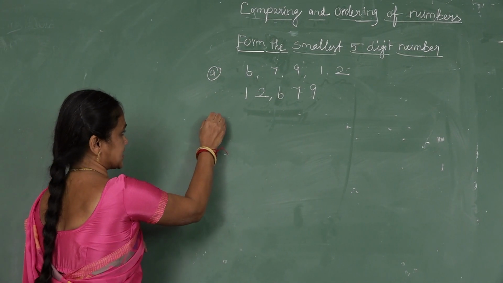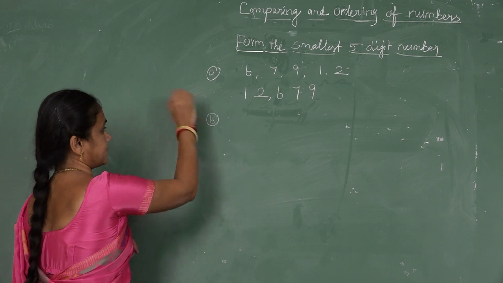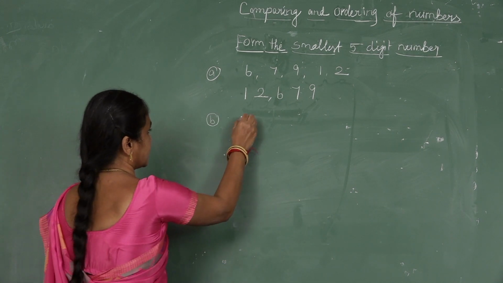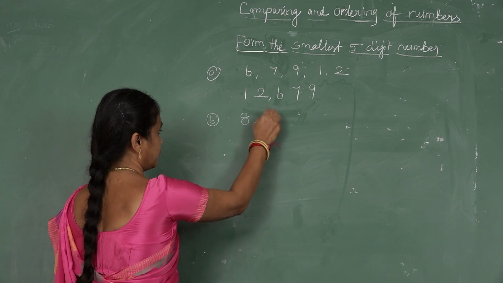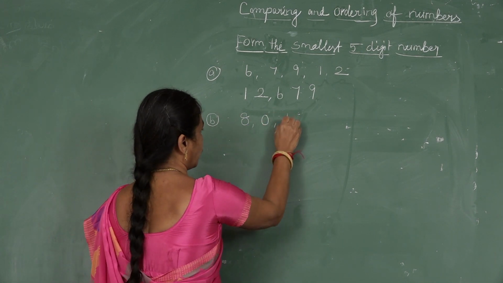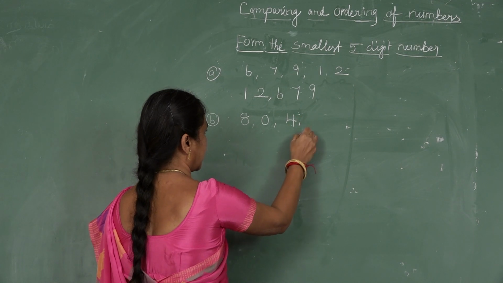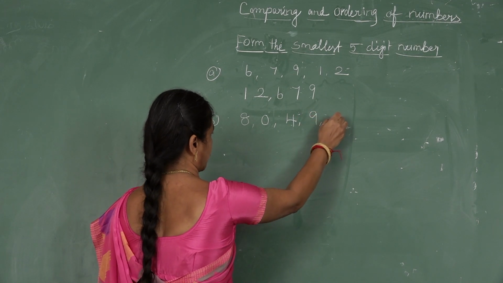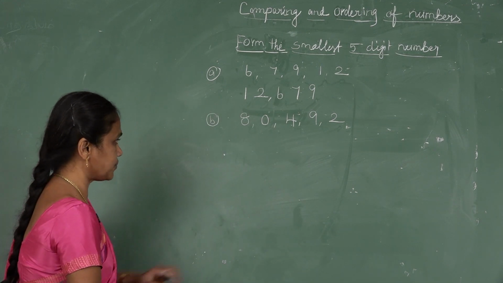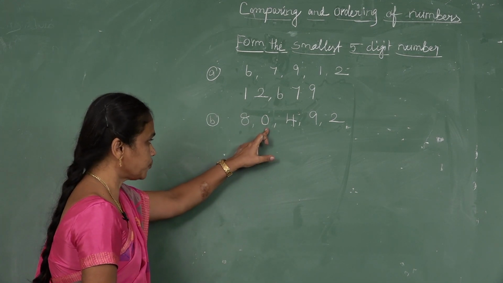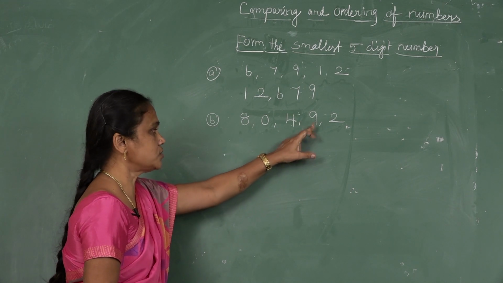We move to the next example. 8, 0, 4, 9, 2. Now we have the digits 8, 0, 4, 9, 2.